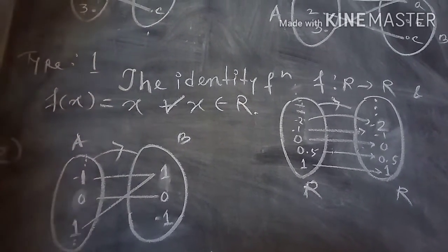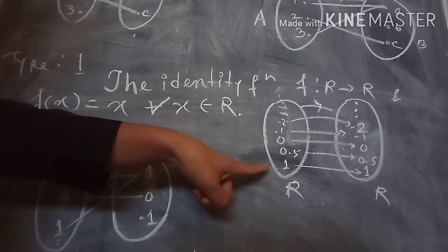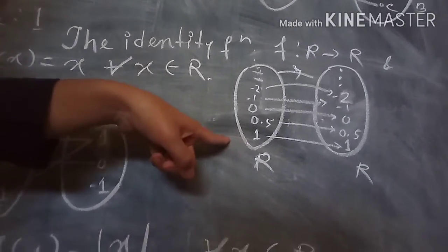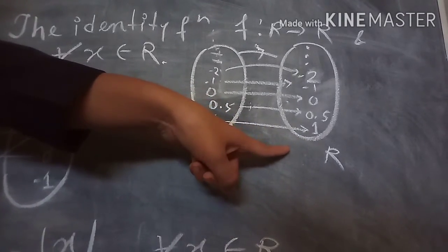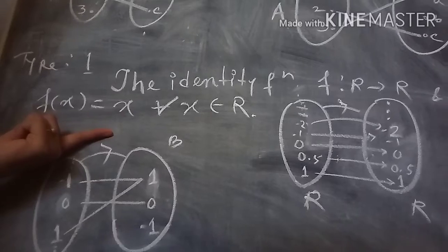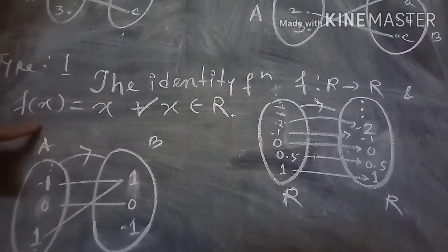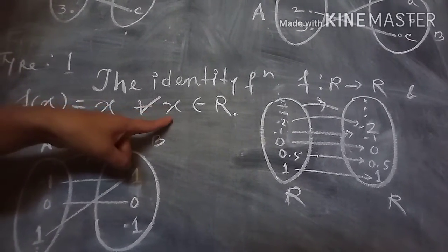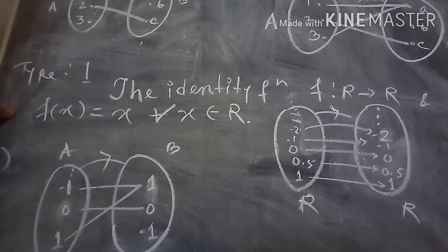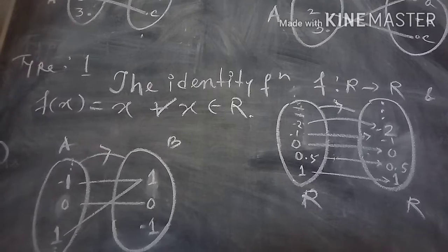So the elements of the first set R have distinct images in the second set R. Therefore, the identity function f from R to R, f of x equal to x for each and every element belongs to R, will be an example of one-one or injective function.